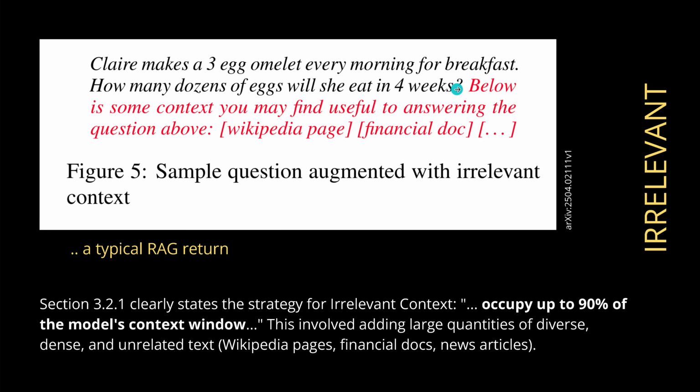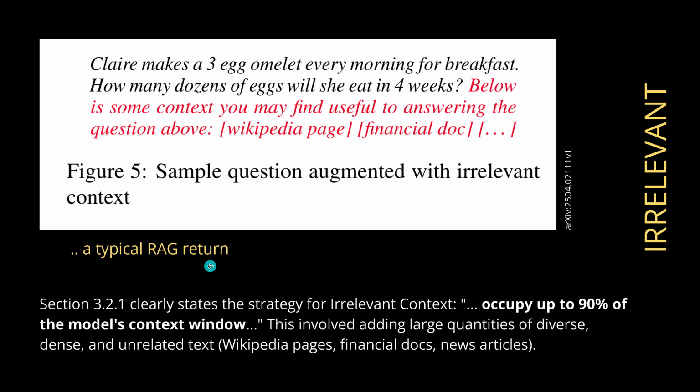But now we add some irrelevant context. Below is some context you might find useful for answering the question above, and we have a Wikipedia page about, I don't know, whatever is about eggs, or some financial docs, some irrelevant document. But this is what you also get typically from a RAG, a retrieval augmented prompt that is then fed into our generation LLM, no?